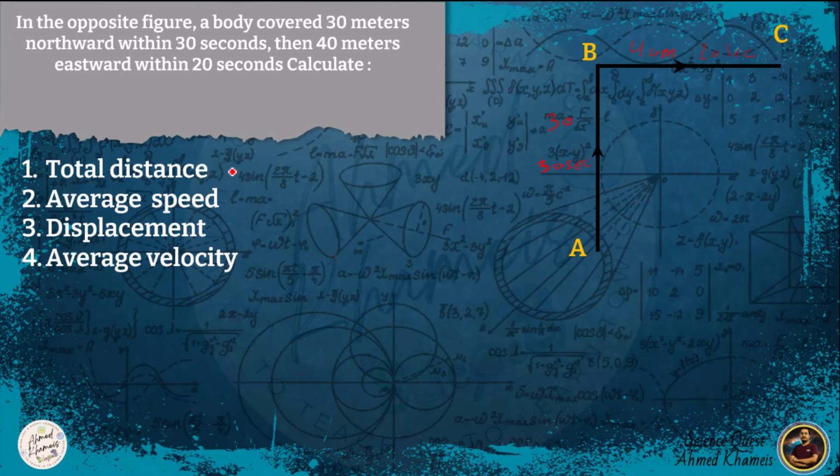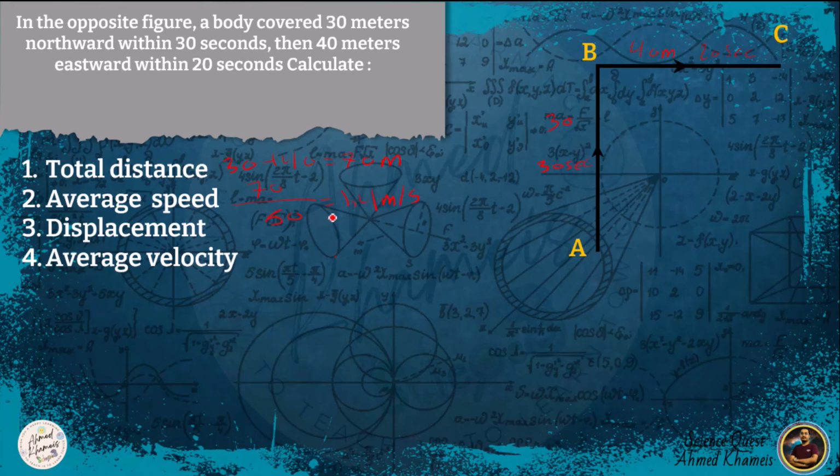Total distance means the length of the whole journey. So from A to B and from B to C, it will be 30 plus 40 equal 70 meters. And the average speed is the total distance over total time. So 70 over the total time, which is 50, equals 1.4 meters per second.